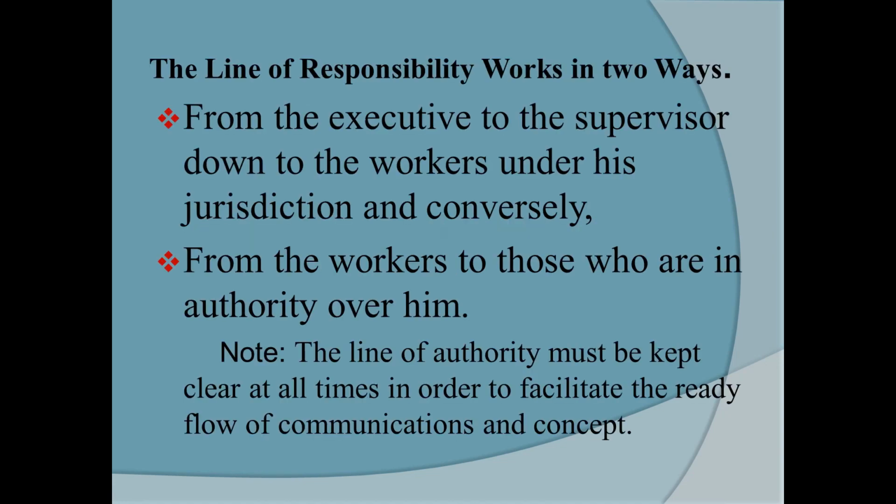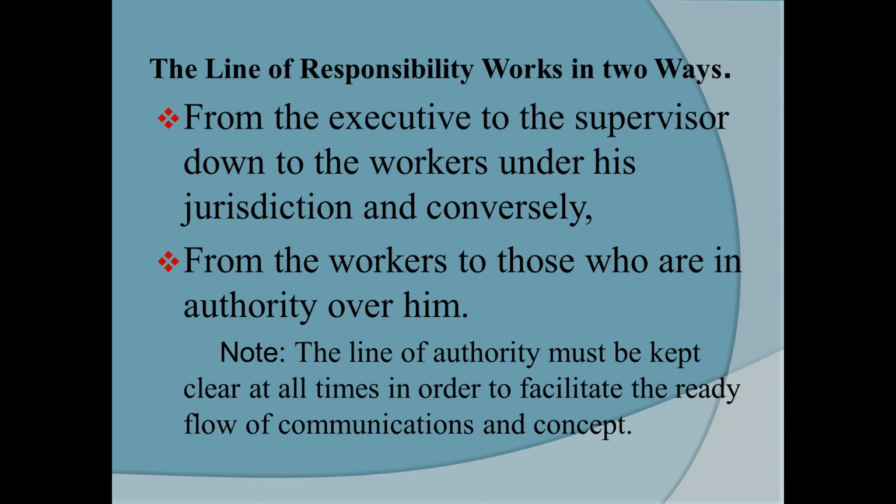So management structures. The line of responsibility works in two ways, from the executive to the supervisor down to the workers under his jurisdiction, and conversely, from the workers to those who are in authority over him.